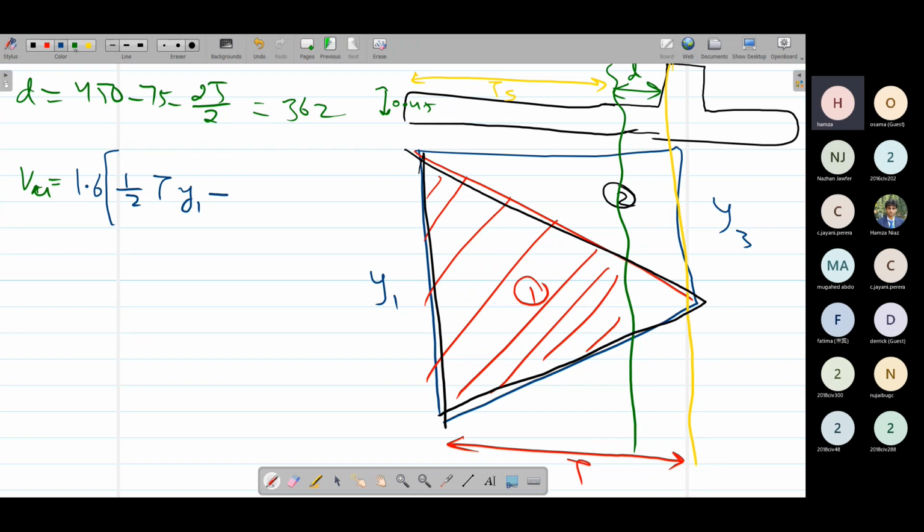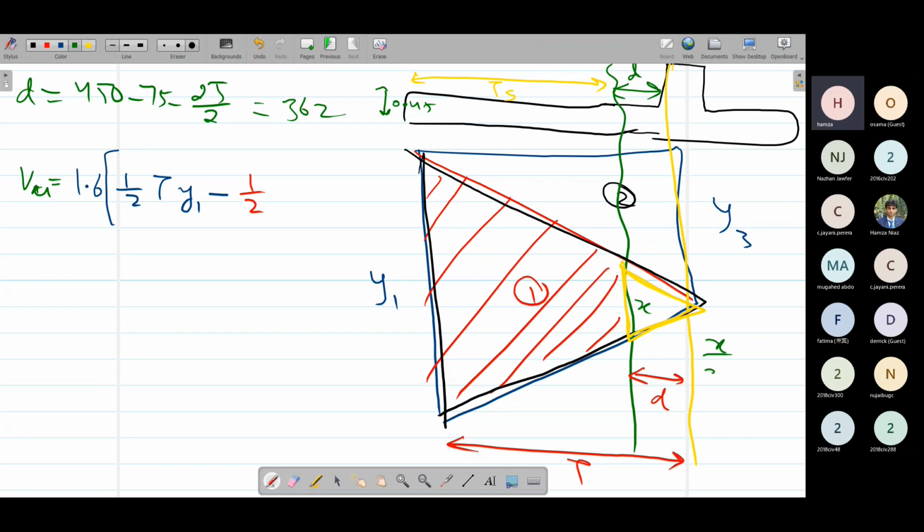This is the larger triangle area. From this we have to subtract this small triangle area, this yellow triangle. So its area would be simply half into base into height. The height of this is y. The base is this x value. We can use similar triangles to calculate this x value.